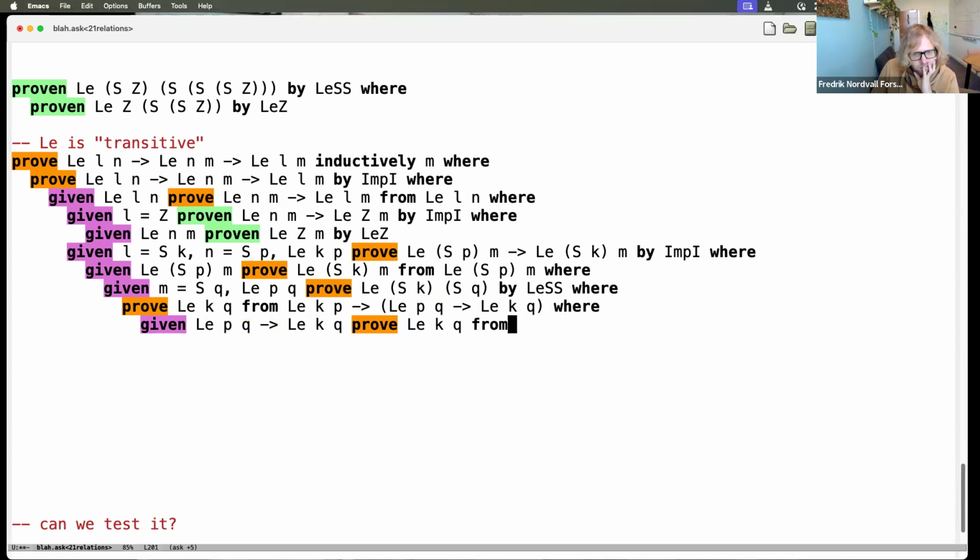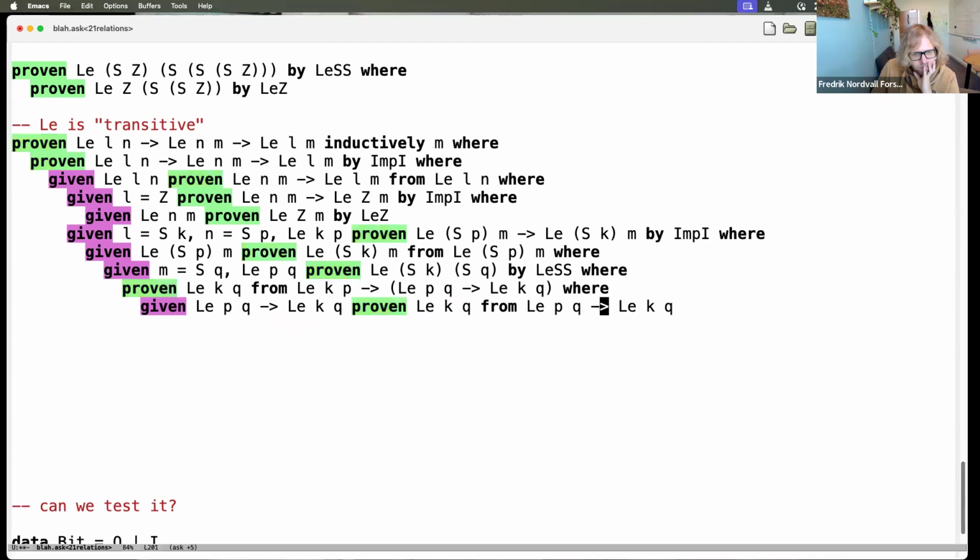And then it's saying, yes, okay, on the one hand, K less than or equal to Q is the goal. And on the other hand, yes, I do know that P is less than or equal to Q because, look, there it was.